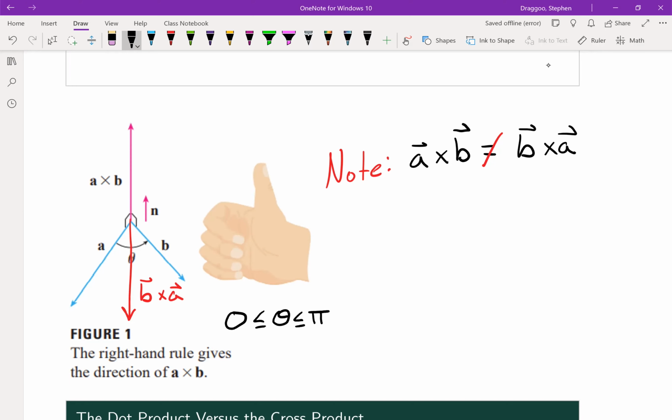If I switched those orders, then I would come up with exactly the negative of what I started with, B cross A. So A cross B is equal to the negative of B cross A. As we can see from the diagram, it would go down instead of up.